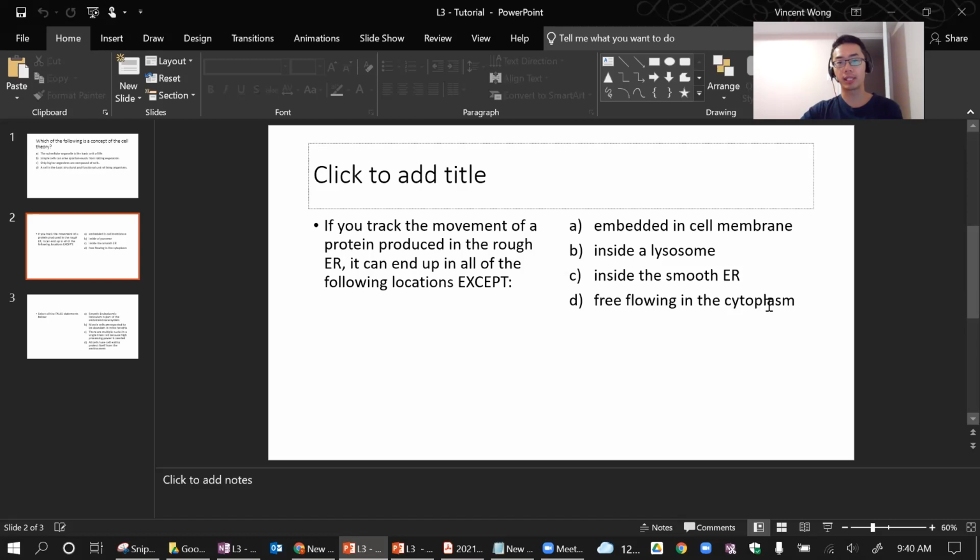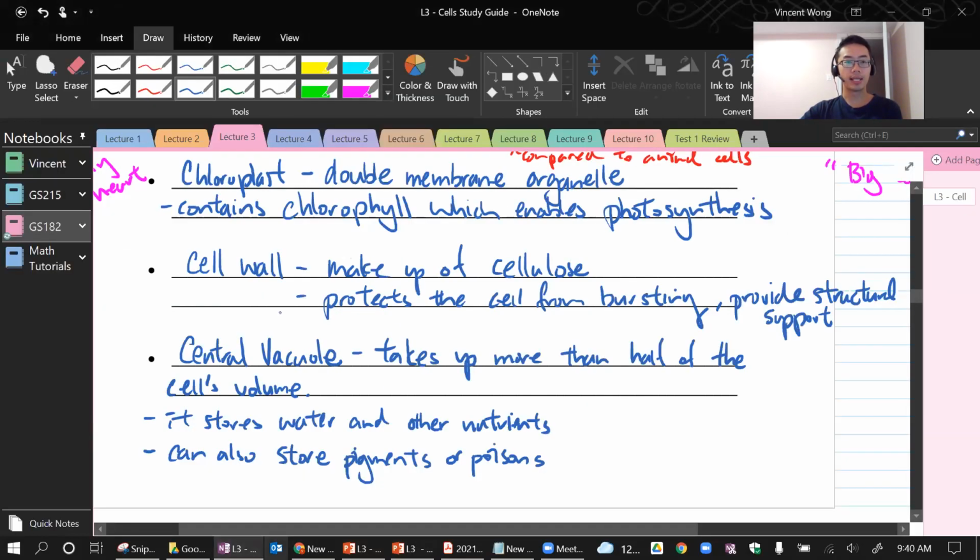They could be floating in the cytoplasm and waiting to be used at a later time, but they will not be in the smooth ER. Smooth ER is not responsible for producing proteins. The smooth ER is where you will be producing lipids. So the answer would be C. You will expect to find the proteins in A, B, and D, but not C. I hope that makes sense.